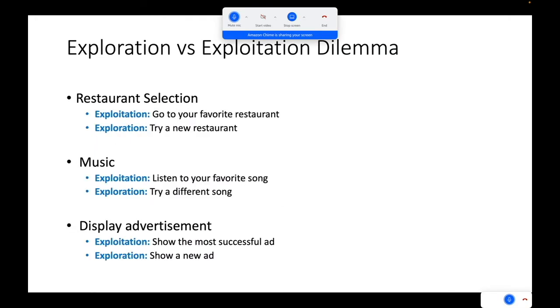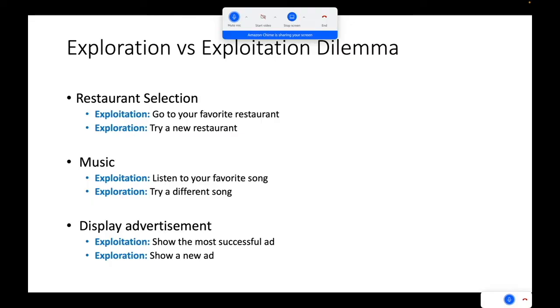Okay, and this is not very specific to reinforcement learning. In our day-to-day decision making, we often exhibit this behavior. Like if we want to go to a restaurant, once in a while we may want to try a new restaurant, which corresponds to exploration. If a new restaurant has opened up recently and we're not sure about it, we may want to try it out. And if we like it, it might become my favorite restaurant.